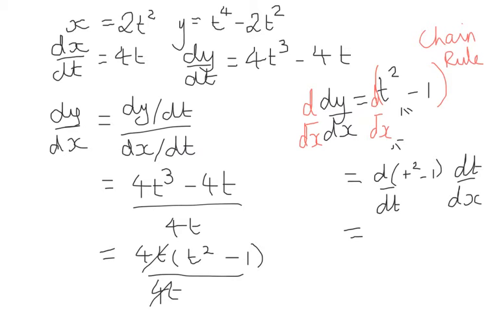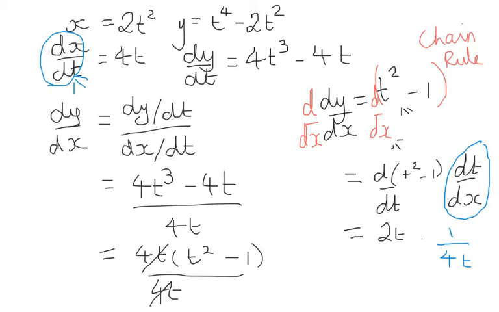T squared subtract 1, the derivative is 2t. dt/dx, we don't actually know, but what we do know is dx/dt, which is a fraction upside down. You can treat the derivative dt/dx or dx/dt as a fraction. So if we know dx/dt is 4t, then dt/dx is just 1 over 4t, the reciprocal.